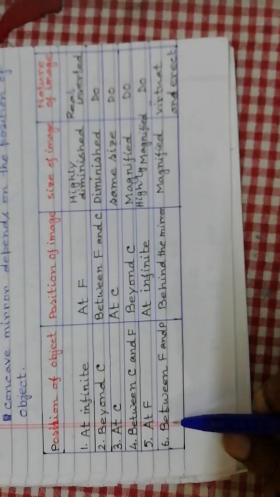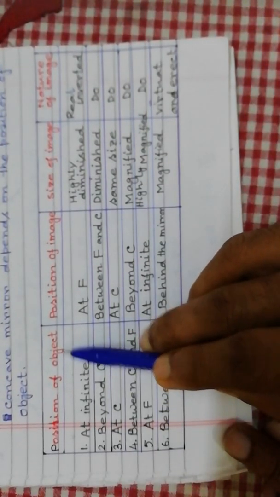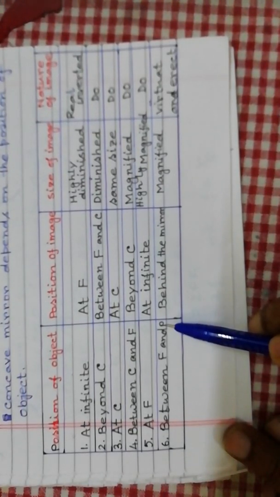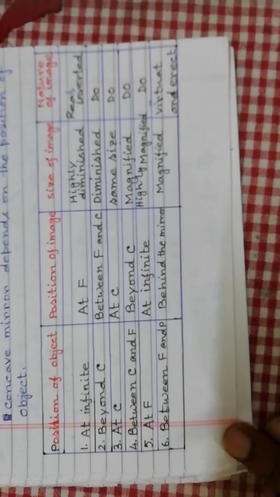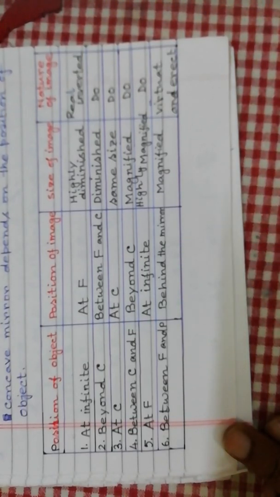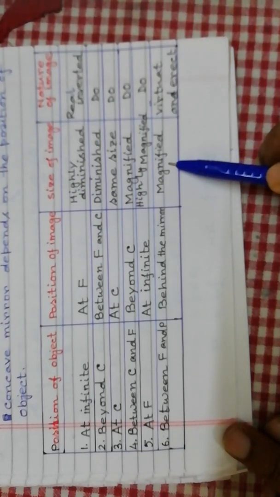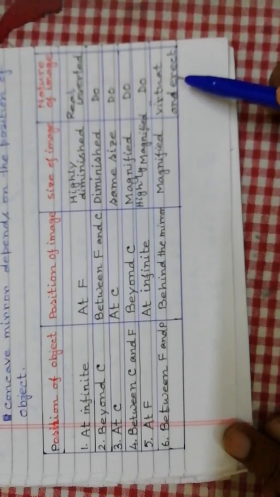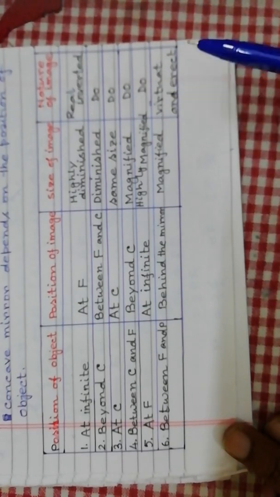Now the last one, and it is very important. When the object is between the focus and P, the pole, that means when the object is placed within the focal length, then the image is formed behind the concave mirror. It is magnified, but it is not real. It is a virtual image, and it is an erect image.